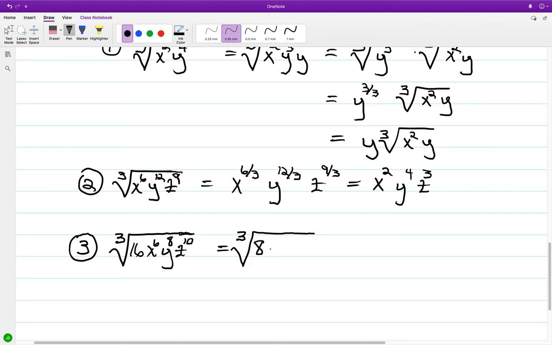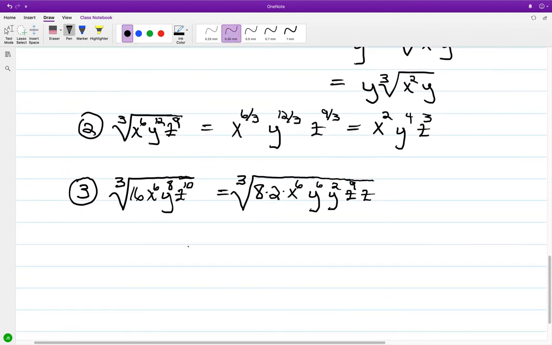So you have a perfect cube with 8, and 16 we can factor out as 8 times 2. And 3 is divisible into 6, so we have x to the 6th. Now, in the case of y to the 8th, 3 is not completely divisible into 8. If we factor out the highest perfect cube less than y to the 8th, we have y to the 6th, factored out as y to the 6th times y to the 2nd. And for z to the 10th, the highest perfect cube divisible into z to the 10th is z to the 9th, so we factor z to the 10th as z to the 9th times z.